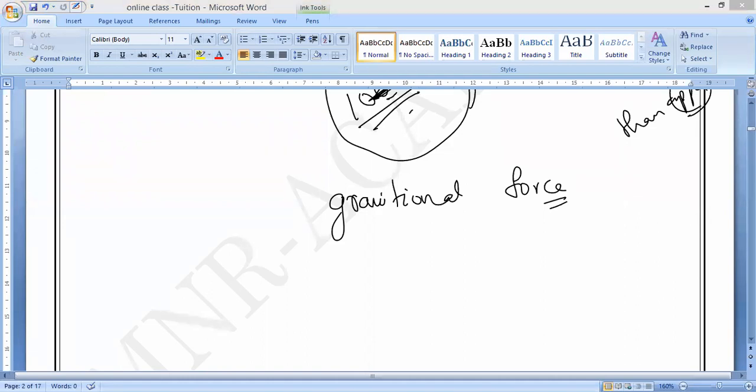Understand? Right. The masses of the objects, if the masses of the objects are small, then the gravitational force between them is, what will happen, guys?